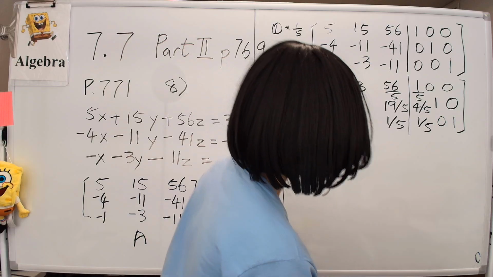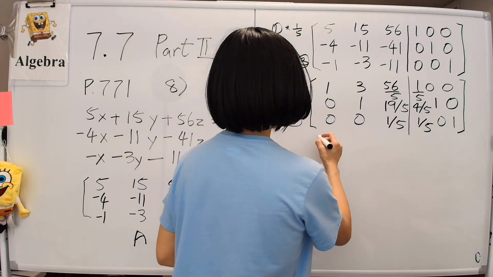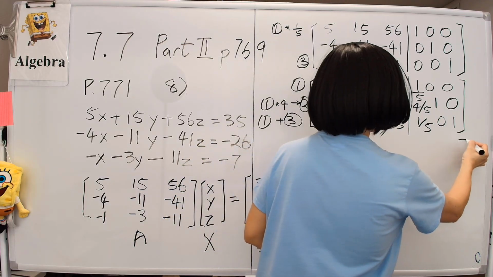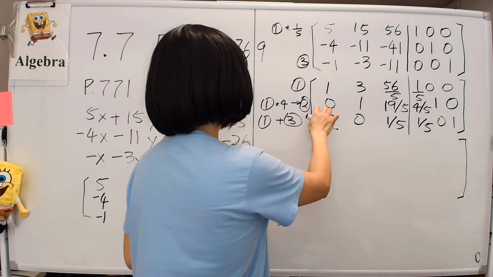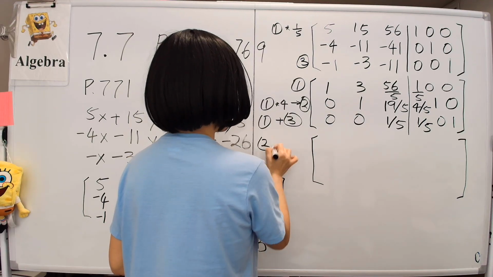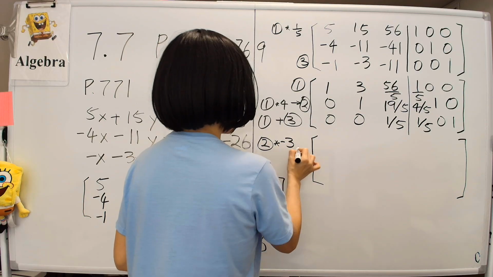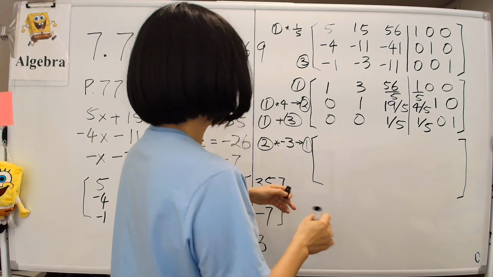So the next step is to take row 2, times -3, and then add it to row 1. So that's what we're going to do.